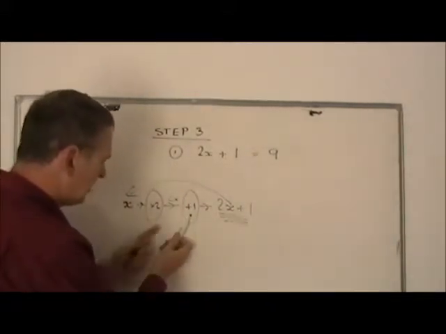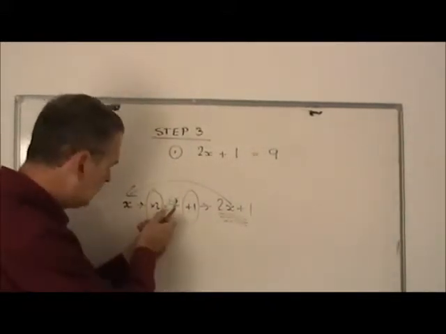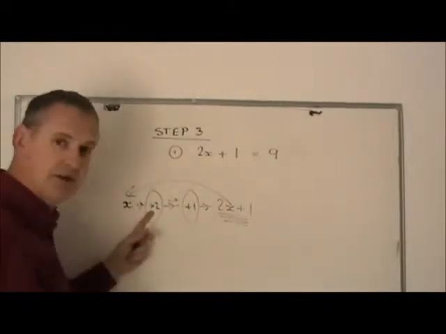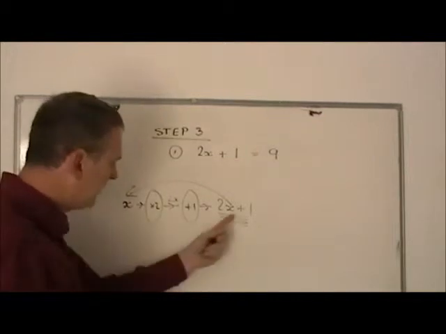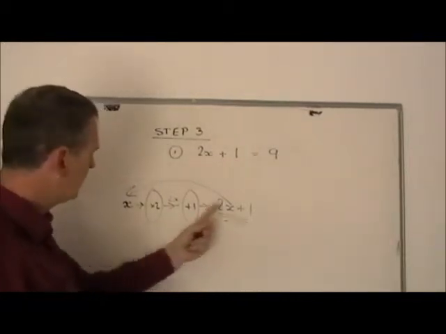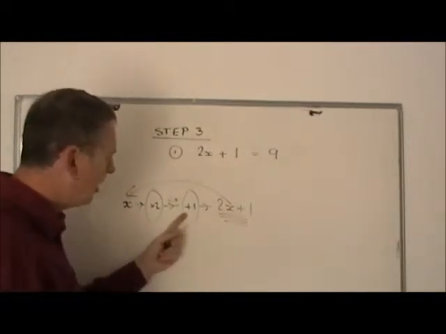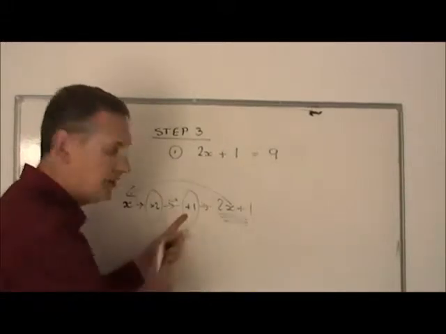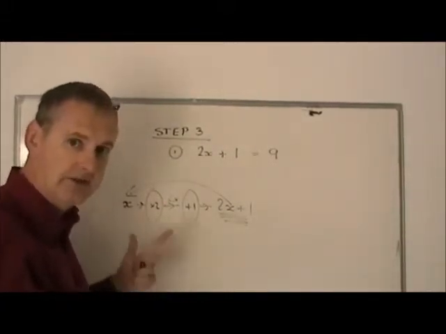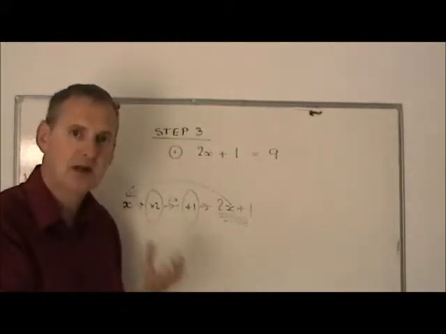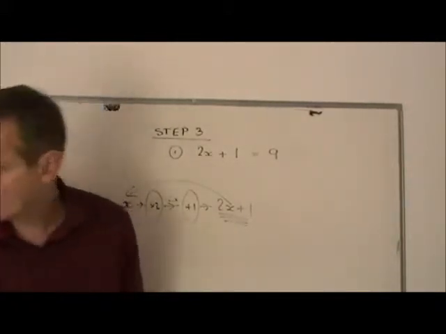So you undo the plus 1 to get 2x, and then afterwards you undo the times 2 by sharing by 2 to get back to x. So the process is: get rid of the plus 1 first, then get rid of the 2.